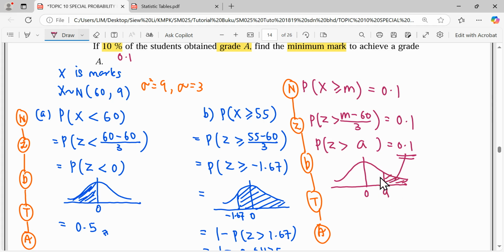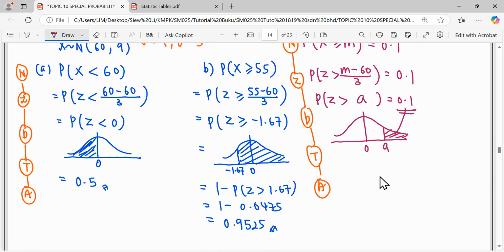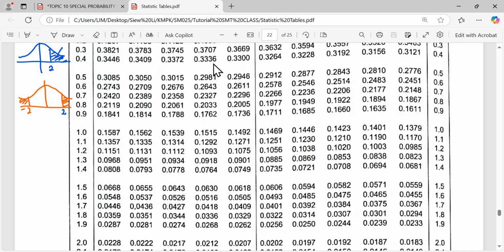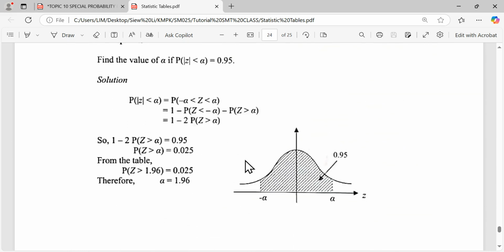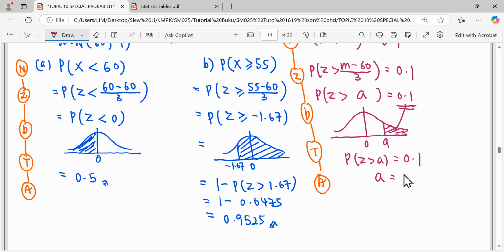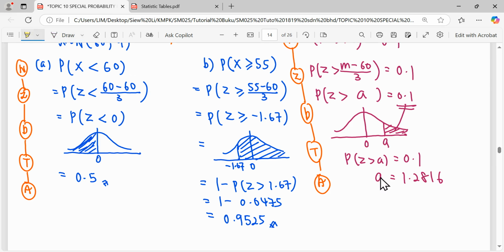Look at this figure. It indicates that this tail can get 0.1. So what is your reading? We look at our statistic table on the last page first. The last page is the reading for the probability and its corresponding Z score. I have 0.1 here, and its corresponding Z score is 1.2816. What does A represent just now? I represent A as the value of M minus 60 over 3.